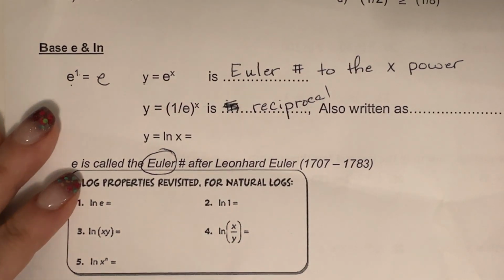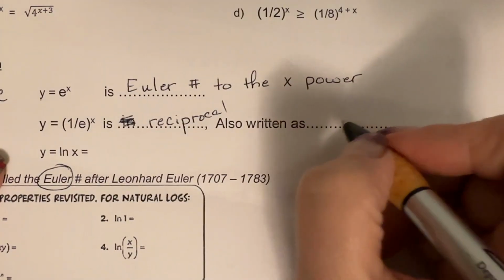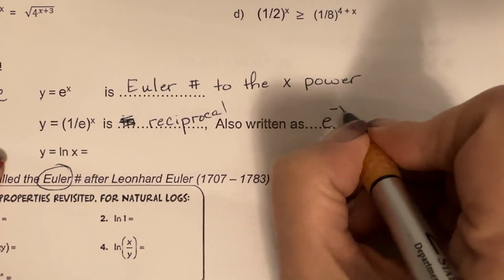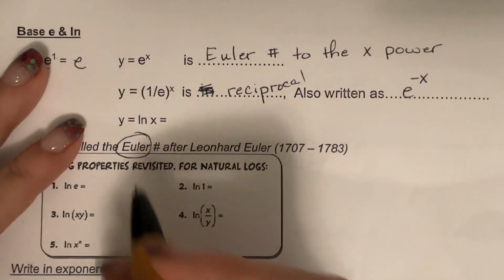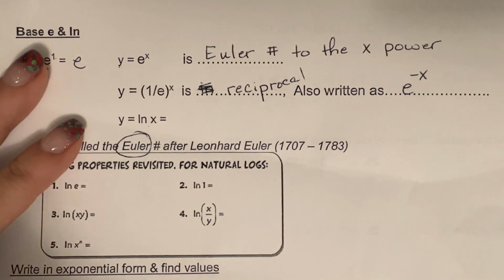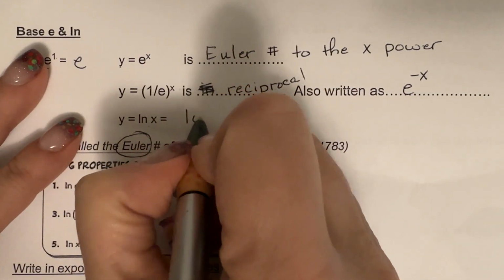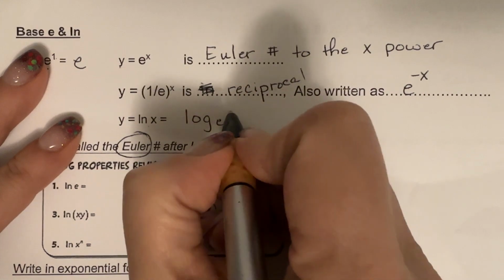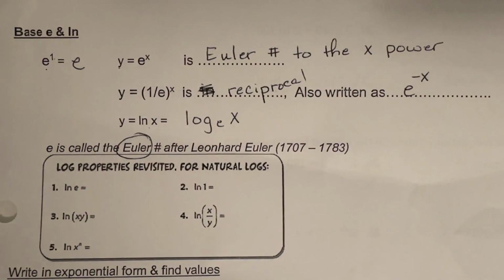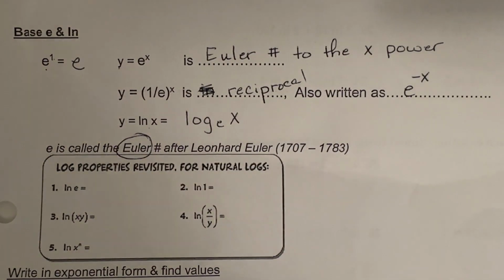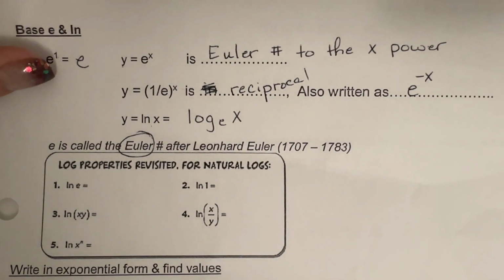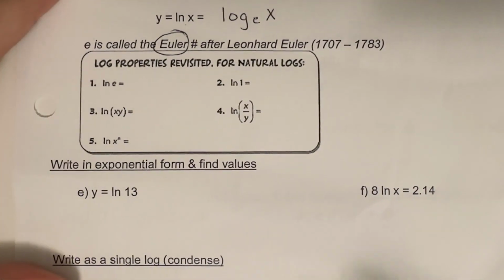It can also be written as e to the negative x power. You can do that as well. We also have a little bit of notation down here. Ln, that is log base e of x. Now, this stuff with e and natural log, they get used a lot. Those of you who are thinking about careers in biology, you will see that show up all the time.